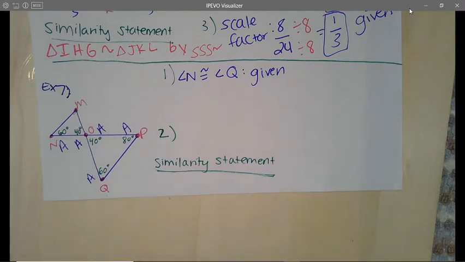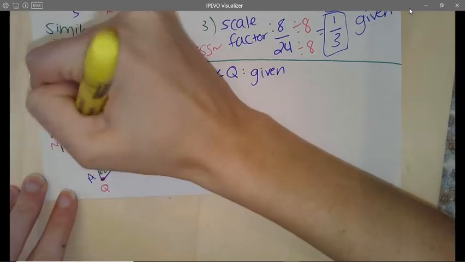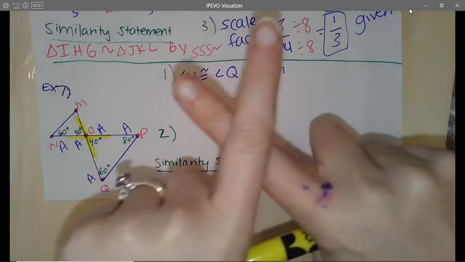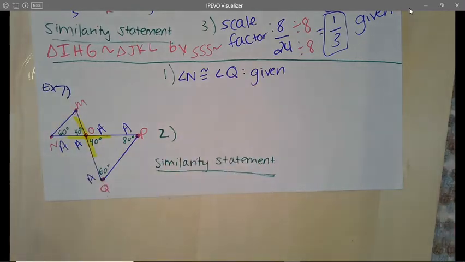Now, also, if you look at these 2 angles, do you spot the X right here? The X tells us that these are vertical angles, which tells us also that they should be congruent. So there are several things that tell me they're congruent, but they went ahead and gave it to me that they were congruent.